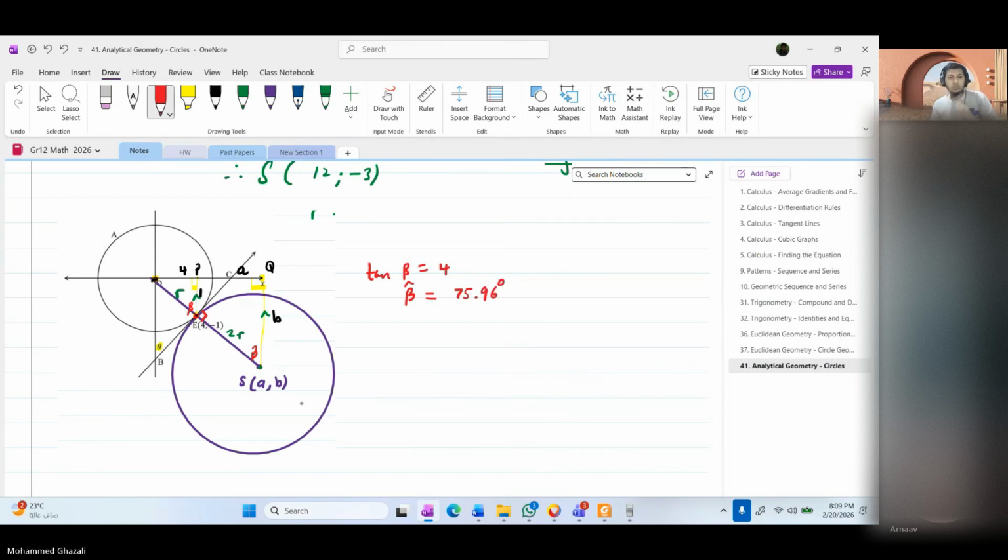Now, why am I doing this? Look at this triangle. When I drop the perpendicular here, you can say angle OPE is equal to angle OQS, and they're both 90 degrees. Why? Because I dropped a perpendicular.